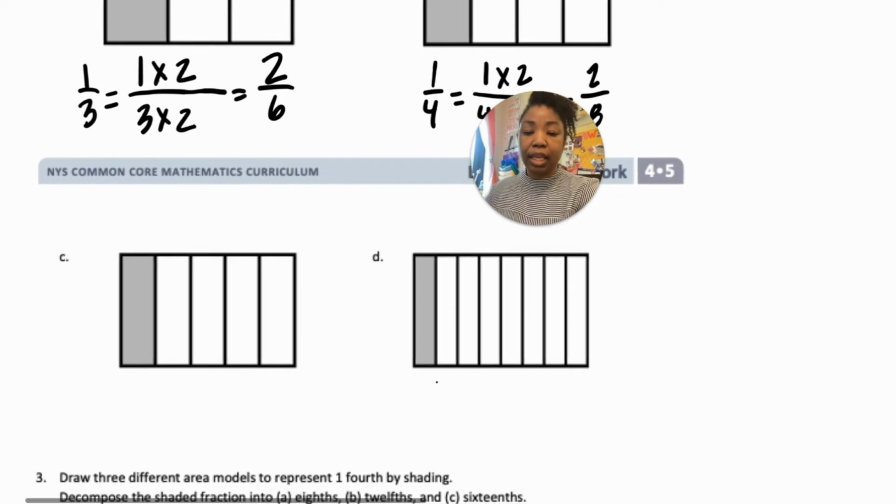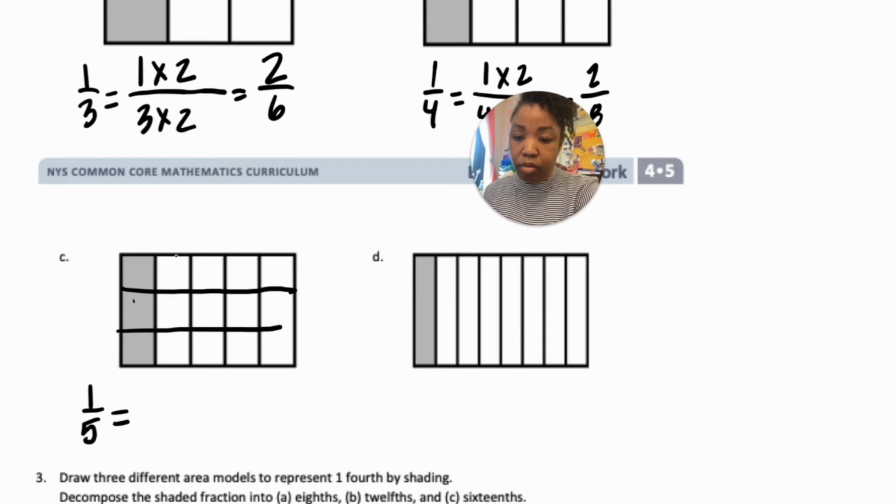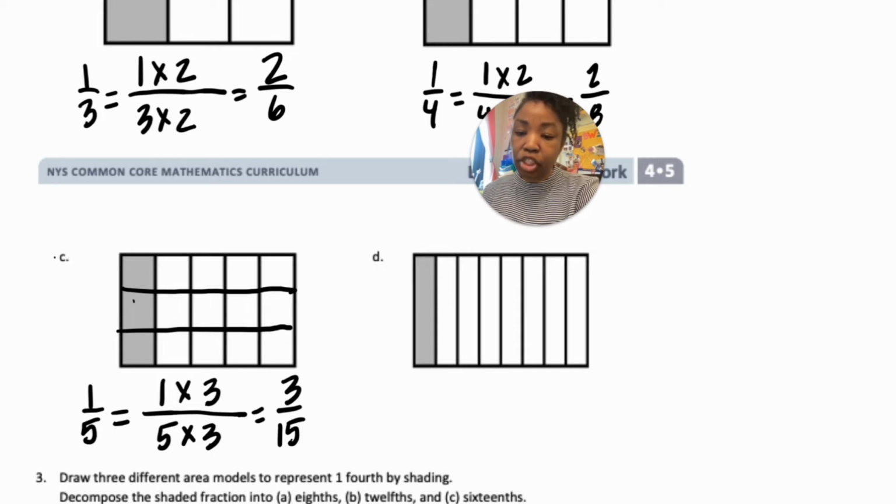For C, let's do 3 rows this time. We have 1 out of 1, 2, 3, 4, 5. That's 1/5. So for the multiplication, we're doing 1 times 3, 5 times 3, which gives us 3/15. 3 shaded out of 15.